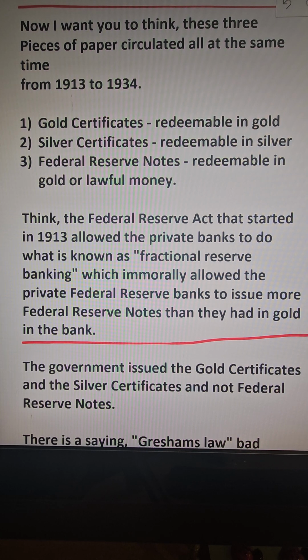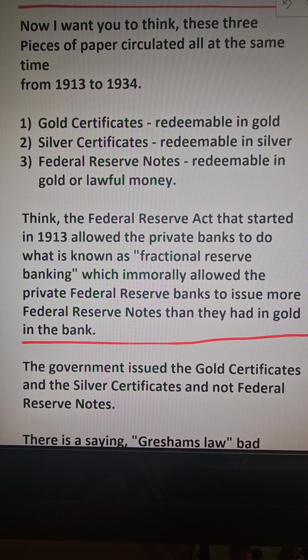The gold certificates circulated in this era, those years. The silver certificates circulated too, and they were issued by the government. They were redeemable in something, a gold coin or a silver coin. Now, here's what I'm going to interject for you to think. The Federal Reserve notes are issued from the private bank. The government agency, the Bureau of Printing and Engraving, printed them up.